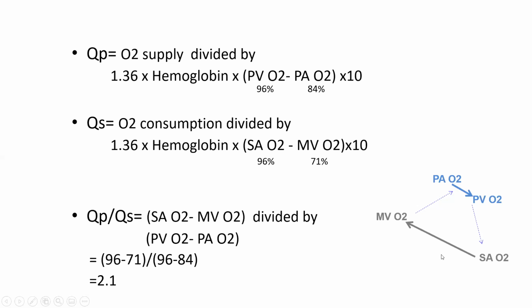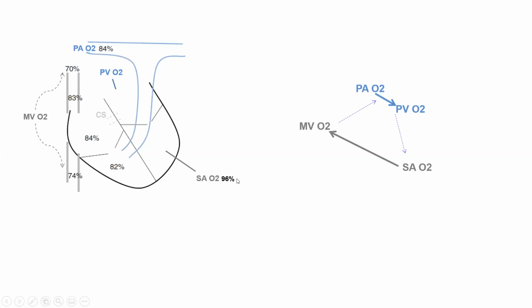So eventually it comes out to 96 minus 70 or 71 divided by 96 minus 84, okay, which is the PA sat. That comes up as 2.1. I want you to be able to make that quick math as I alluded last time. So in somebody who has purely a left to right shunt, whose arterial O2 sat is over 95 or less than 95, but we assumed it's not right to left shunt, the calculation is simple.